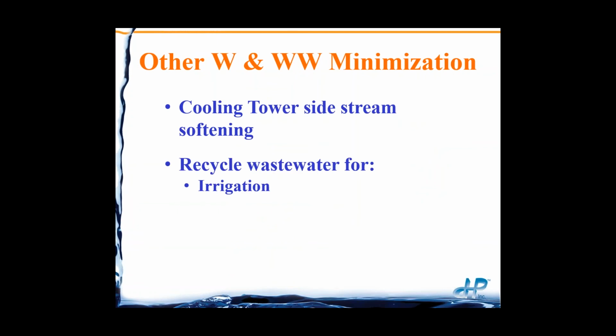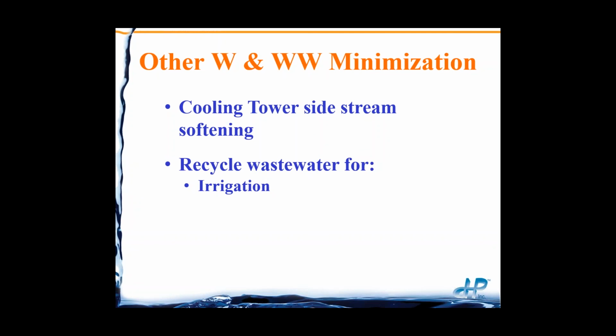So there are some other water and wastewater minimization areas that you can look at. Some places can recycle wastewater. So if you had an RO unit at 75% recovery and the concentrate coming out was really not that bad because your feed water was drinking water, then you might be able to do lawn irrigation.